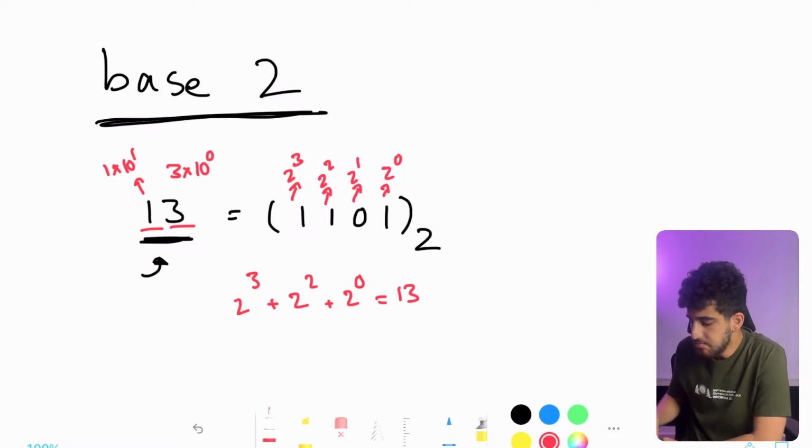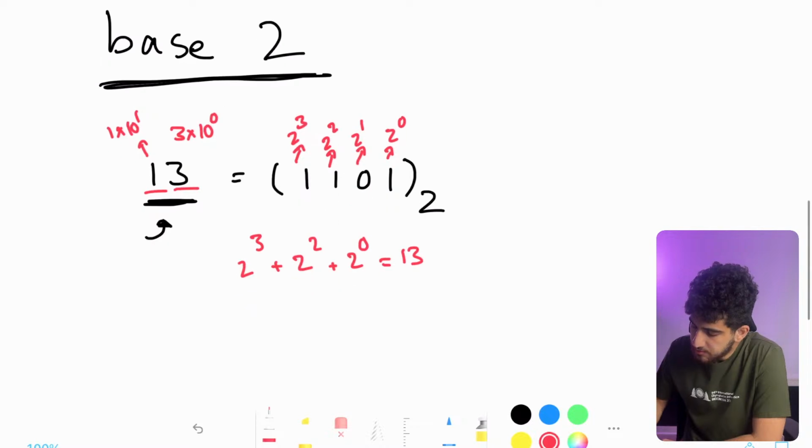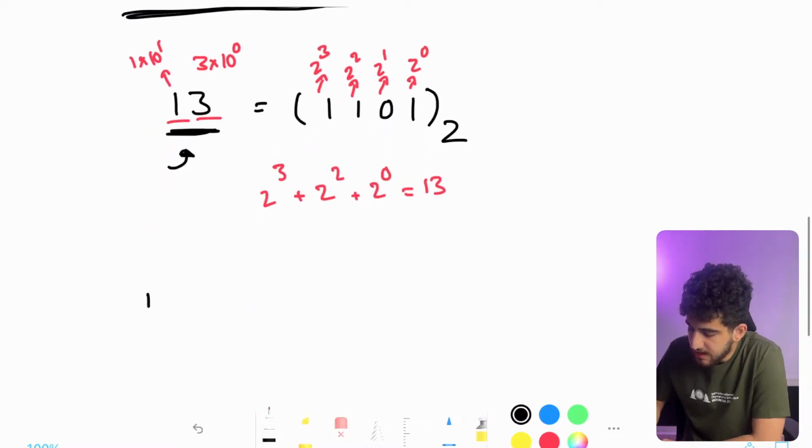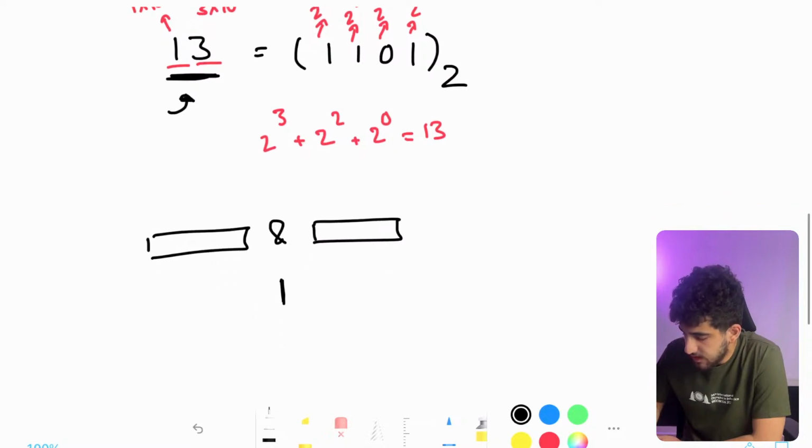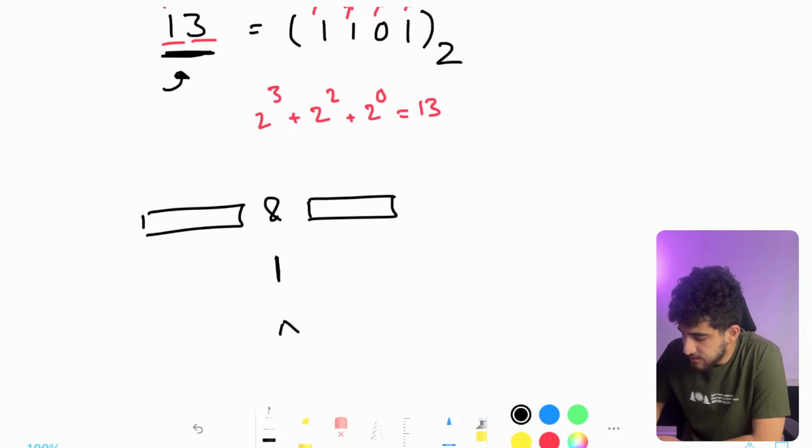And there are some bitwise operations that we have. For example, we have AND of two numbers, OR of two numbers. We show it like this. And XOR that we show like this. I'm gonna introduce what each one of them means.